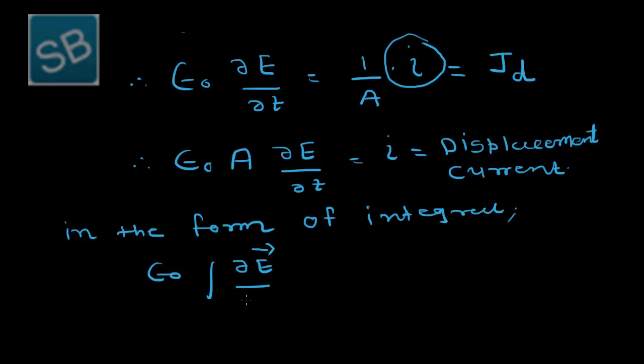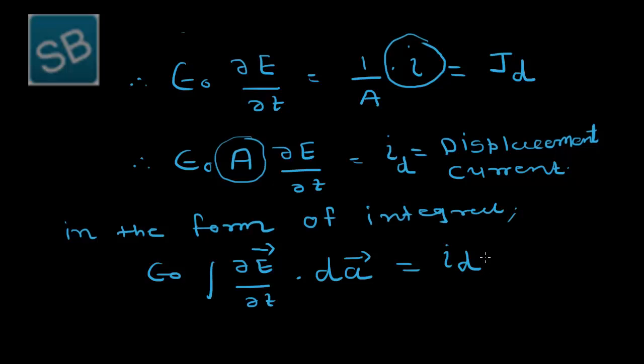So del E by del t into, now if you take this total area into integration, then I have to consider this small element of area, that is dA, and I can use the subscript D for displacement current.